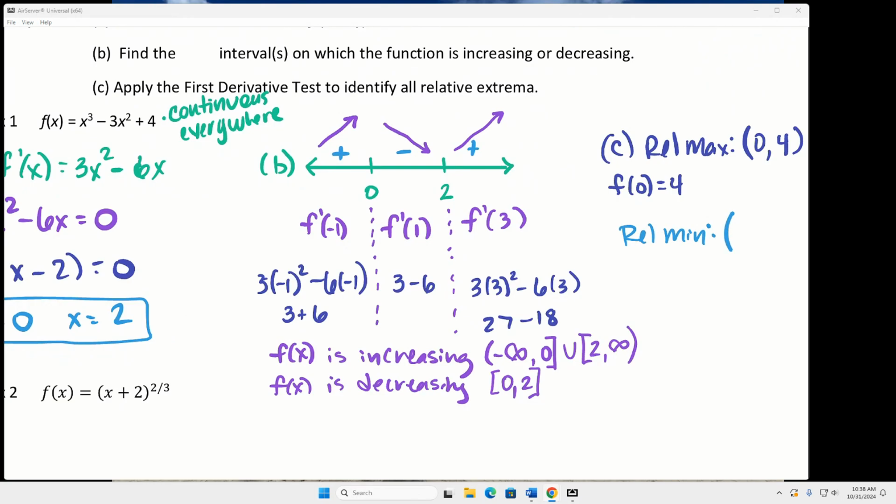And then we can tell that because when x is 2, the first derivative changes from negative to positive, which makes it have a relative minimum. So this is going to be 8 minus 12 plus 4, which ends up being 0.